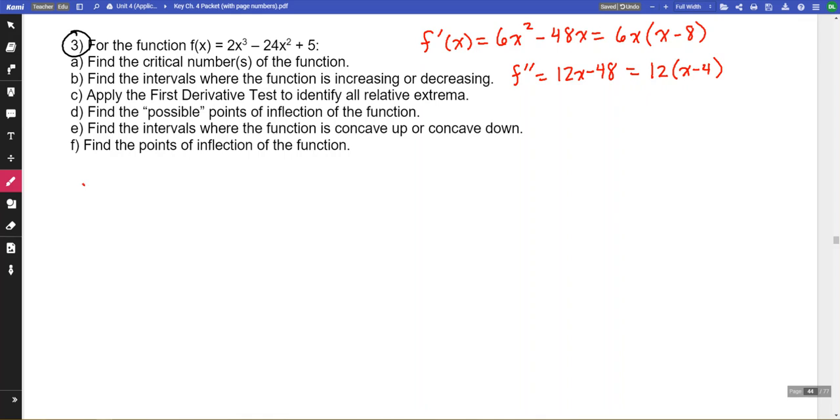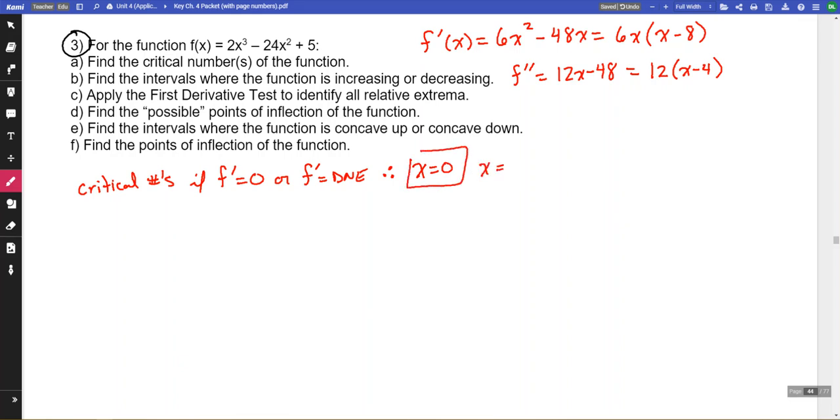So what does that tell me? That tells me that my critical numbers are going to be where f prime is equal to 0 or f prime does not exist. With a polynomial, f prime is always defined, so we know that our critical numbers are going to be at x equals 0 and at x equals 8.